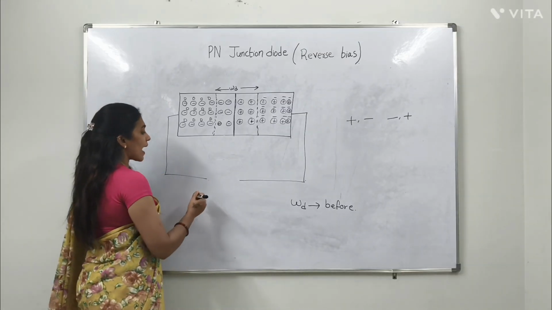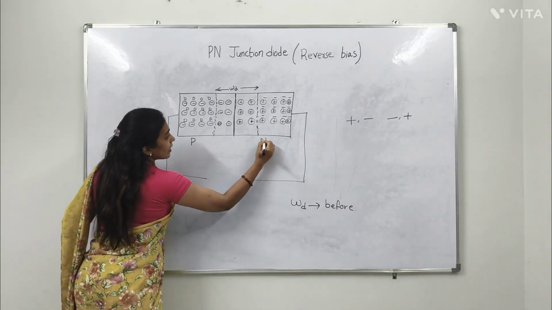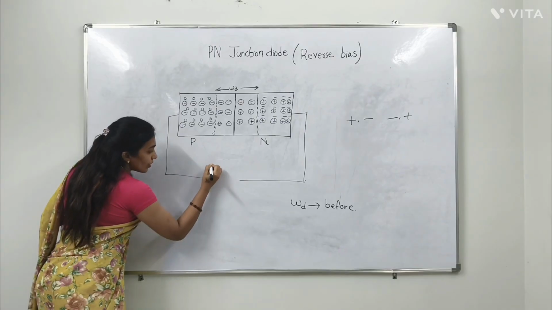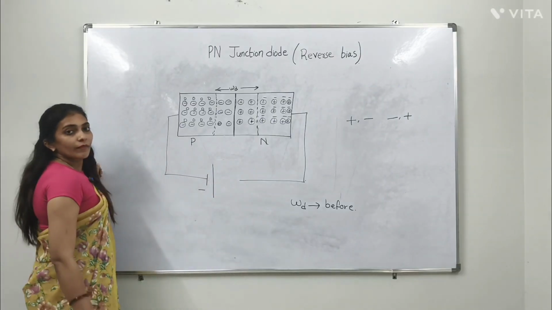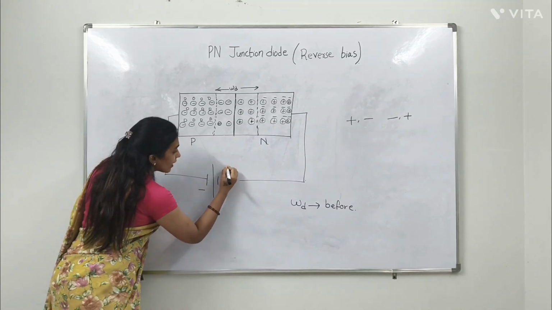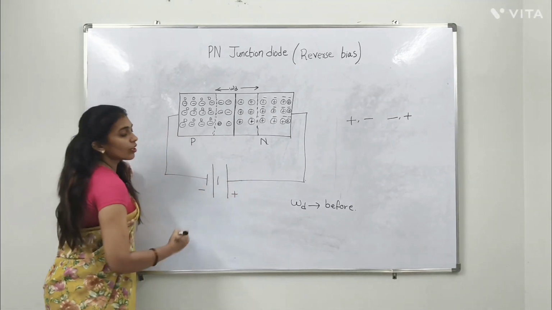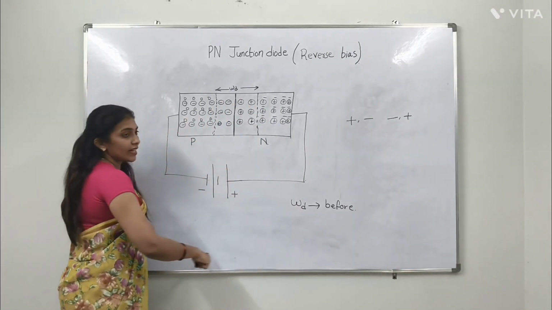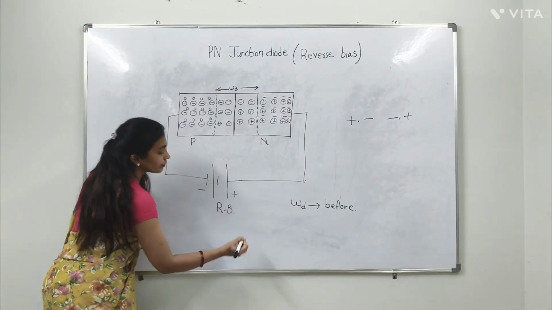You already know reverse biasing means the P region is given to the negative terminal of the battery and the N region is given to the positive terminal of the battery. Then this circuit is in reverse bias condition.